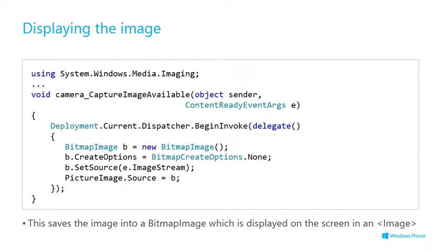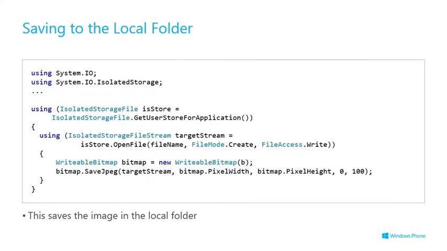Or you could simply load it into a bitmap image like that and show that on the screen in an image element. So picture image there is an image element. It saves the image into a bitmap image, which is displayed on the screen. Or you could save it into your local folder. This is using the isolated storage APIs to do just that.